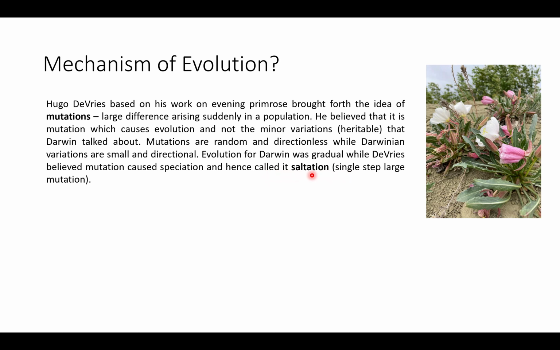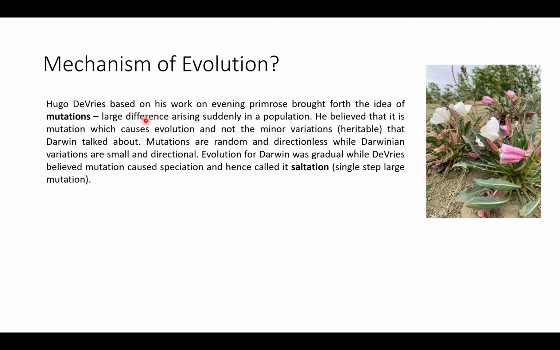The term he gave was saltation, a single-step large mutation. We will see in the next week, when we look at meiosis, that there is crossing over, and this results in variation.